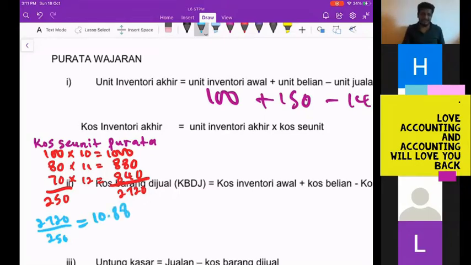Okay, copy this anywhere. This is how we calculate cost purata per unit.